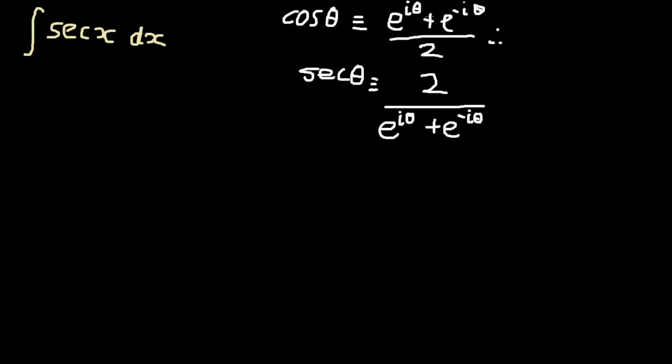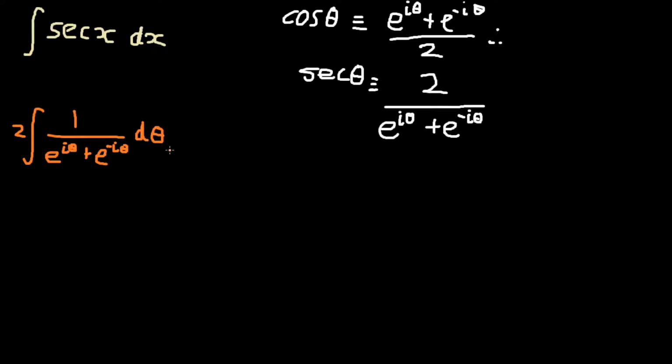So let's just substitute this in for secant x to begin with. Get the integral, let's take the 2 to the front: 1 over e to the I theta plus e to the minus I theta d theta.